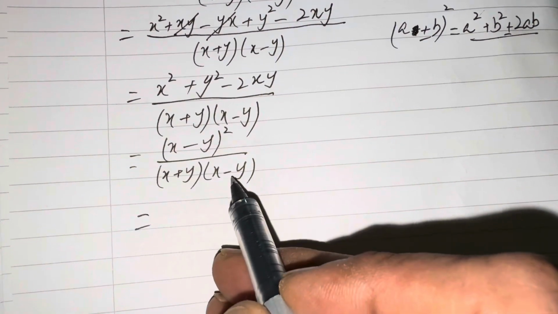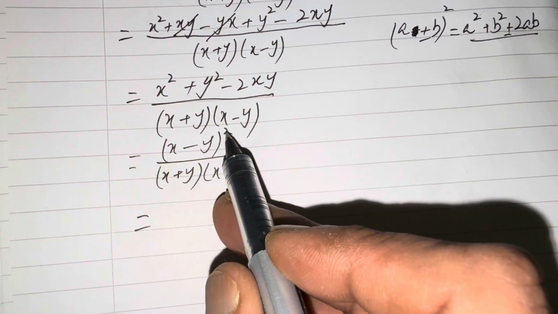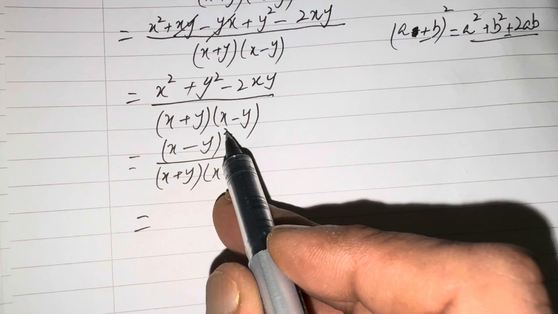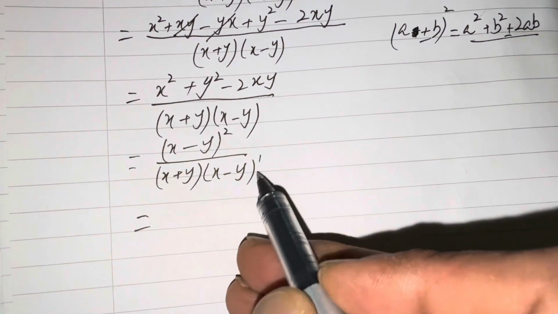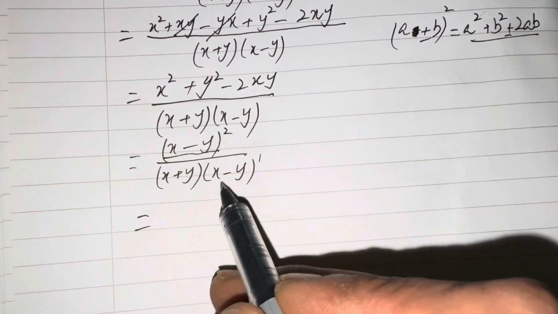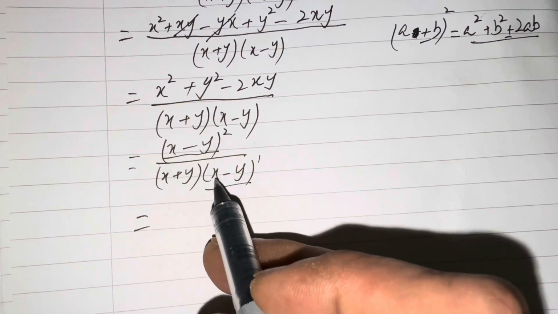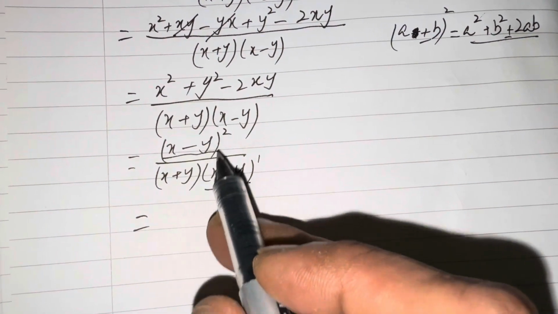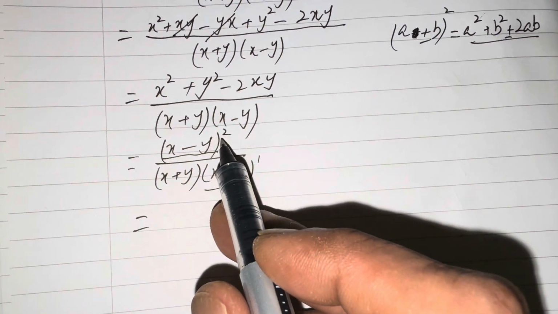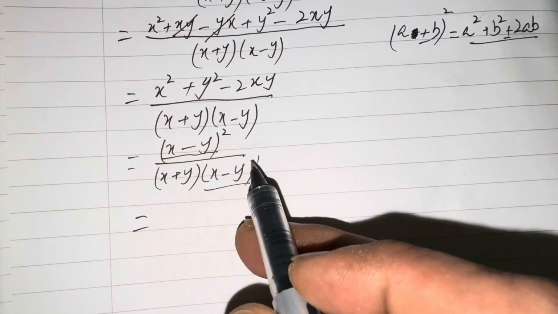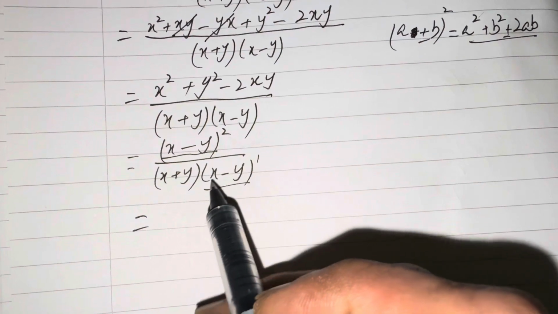x minus y, यहाँ पे ये raised to power 2 है, यहाँ पे इसकी raised to power 1 है, बिल्कुल same expressions हैं दोनों. So when two same expressions are dividing with each other, then their powers will be subtracted with each other.